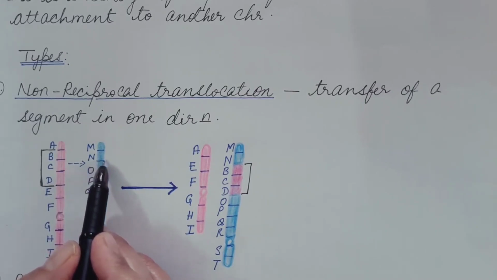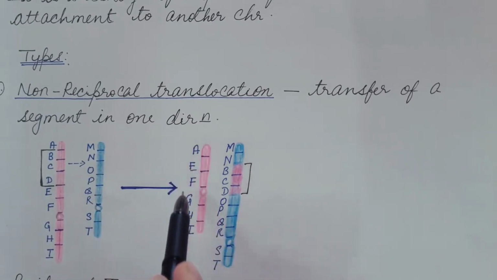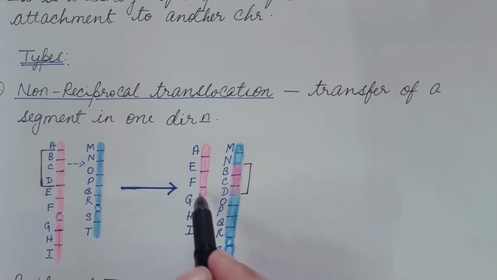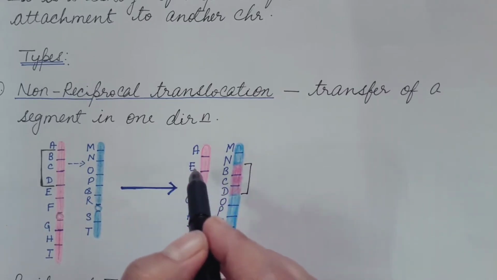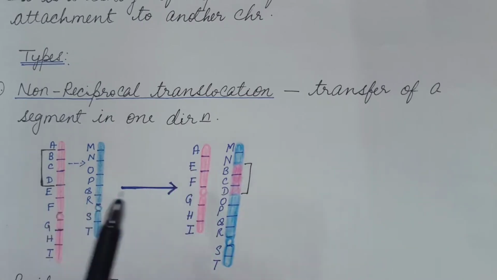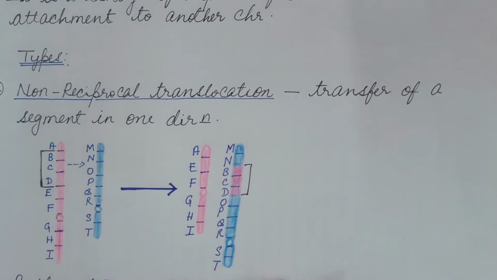Here the break takes place at one place and then this segment attaches to it. Now this chromosome does not have that segment and this chromosome has the segment that broke from the other chromosome. So here the transfer of the segment takes place in only one direction. This is known as non-reciprocal translocation.